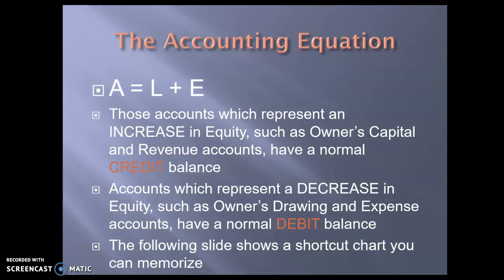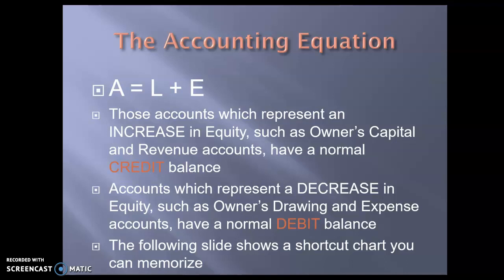So any transaction in which an owner investment or a revenue is involved, we're going to have a credit in the equity. And if we have a decrease in equity, which is when the owner withdraws money, or there's an expense where the business uses products and services of others, then we have an expense, and that decreases equity. So we have the opposite of credit, we have debit.